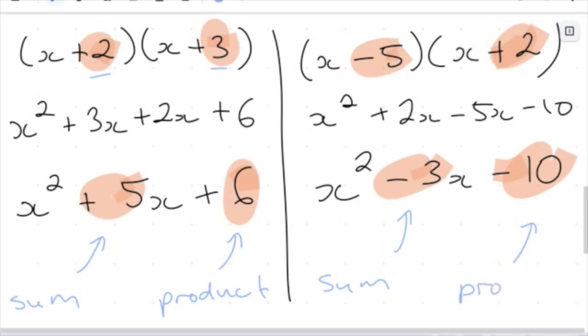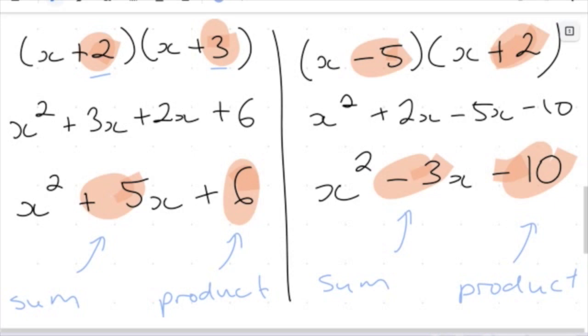And the product of those two is -10. Now, observing these patterns and coming to this realization is a pretty groundbreaking thing in this study of quadratics. And it's going to tell us a lot about when we want to factorize. Like I said before, I'm not going to talk about the factorization just yet. We'll save that for the next video.